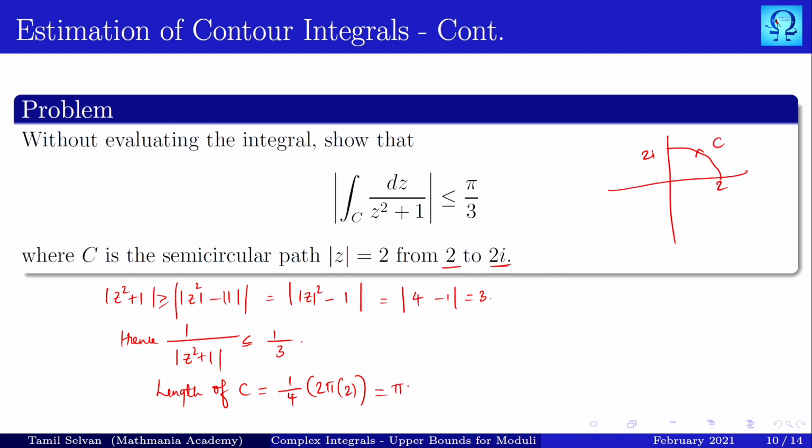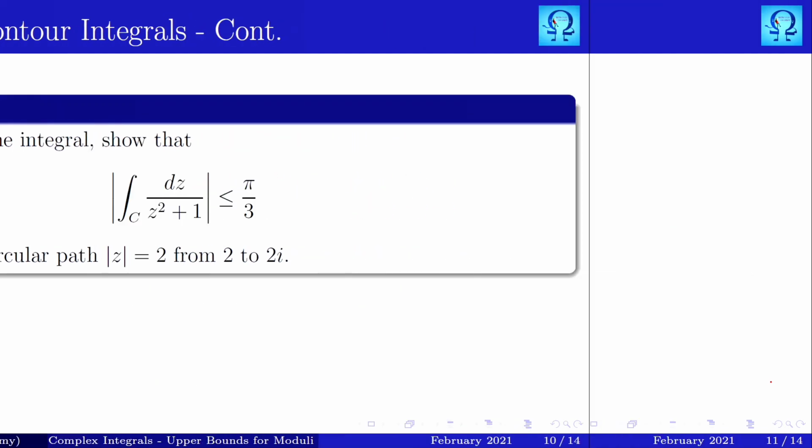We get this to be pi. Hence, by the ML inequality, we get the absolute value of the integral over C of dz upon z squared plus 1 is smaller than or equal to M times L, where the M value is 1 upon 3 and the L value is pi. So it is pi upon 3. So we have completed the problem.